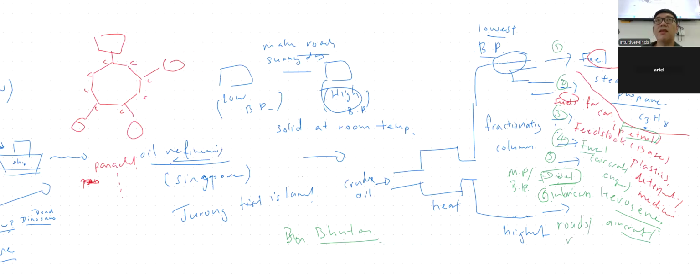So you have to take note. If you look at your notes, on the right side, it says hydrocarbon with increasing number of carbon atoms and boiling points. And it also says the higher the boiling point, the lower the column.